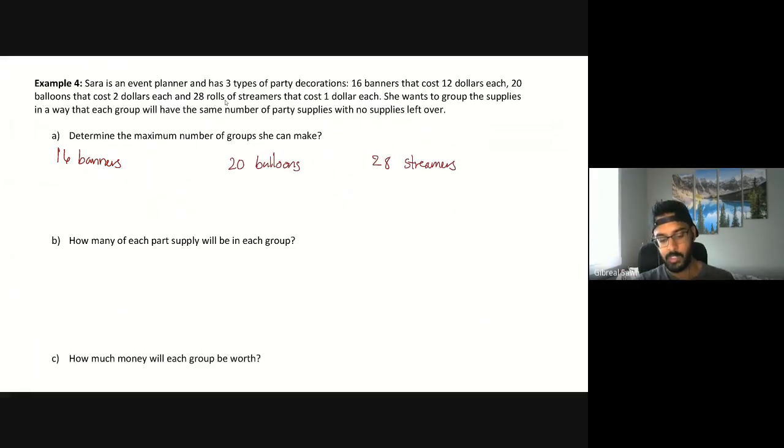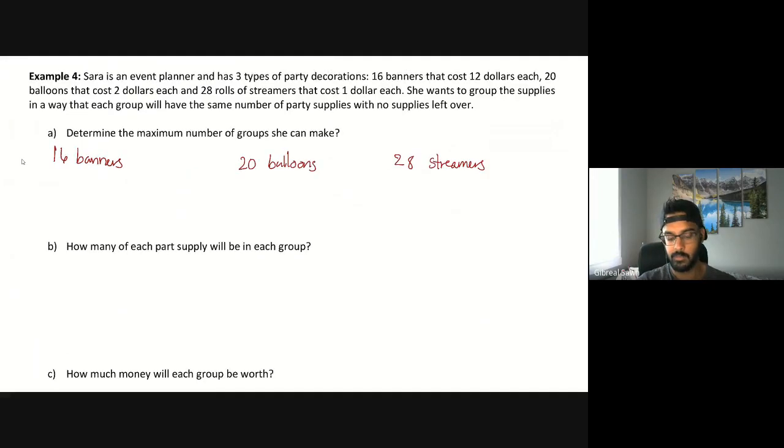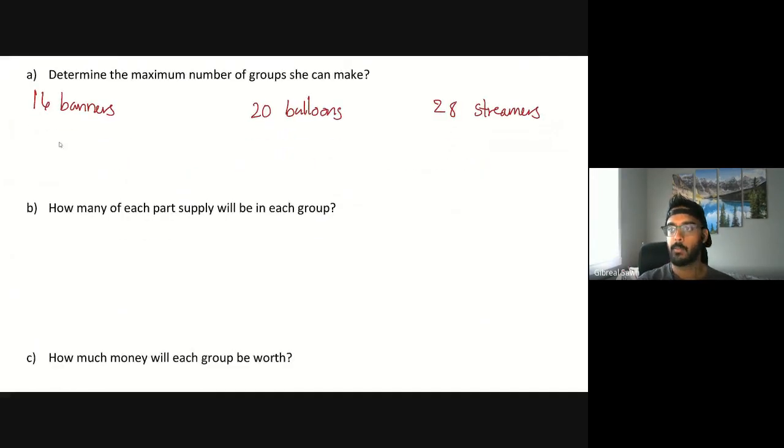Now, with this factoring piece, especially for a question like this, it's helpful to figure out what my prime factors are, the smallest numbers possible that make up each of these. And then we can see very, very easily what's common to all 3, right? Essentially, we're looking for a greatest common factor here.